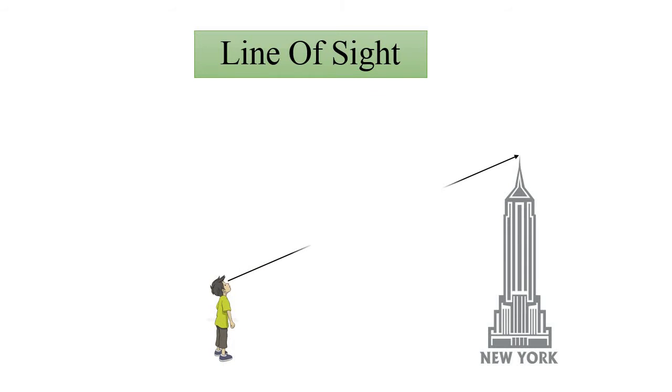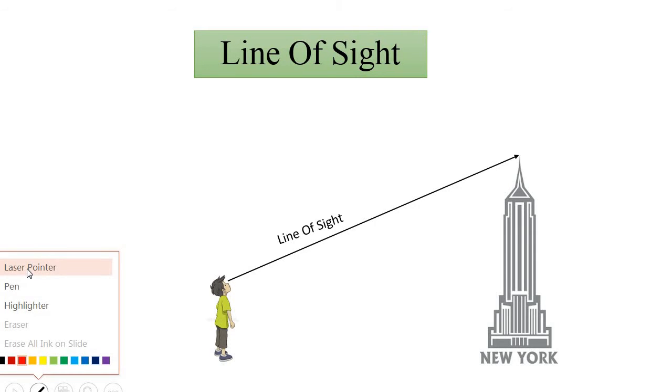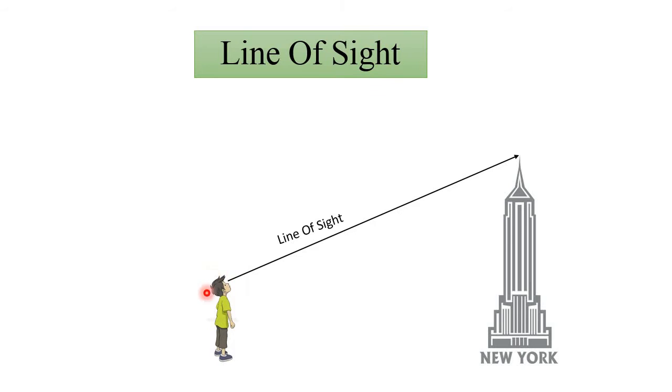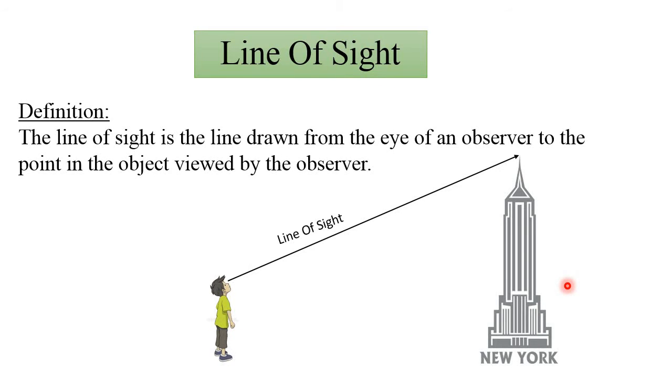What is line of sight? See, in this figure, here he is the observer. He is watching the top of the tower. Let us see what is the line of sight.